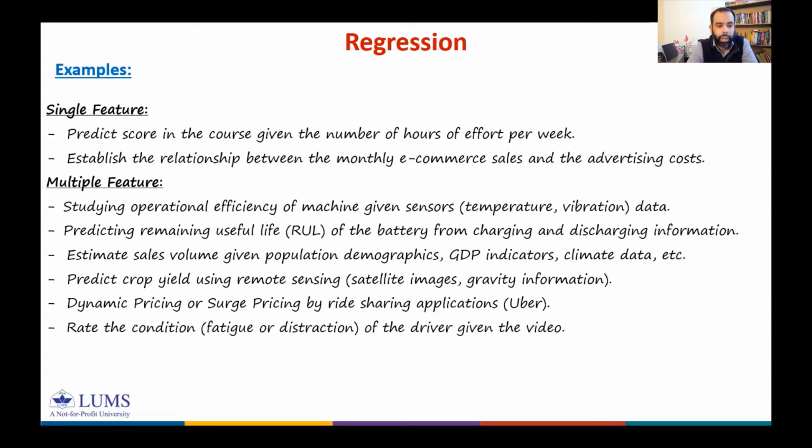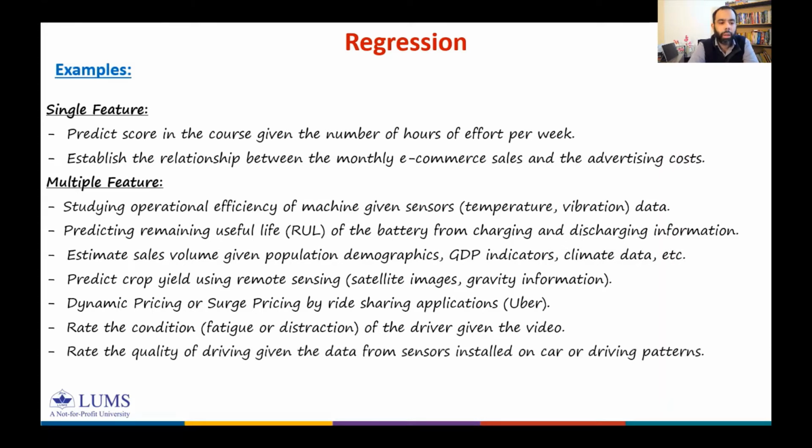You want to rate the condition, out of 100 say, that is measuring fatigue or distraction of the driver. You install a camera in a vehicle and the camera is continuously monitoring the driver, and from that video stream you want to measure the fatigue level, you want to predict the distraction level of the driver.